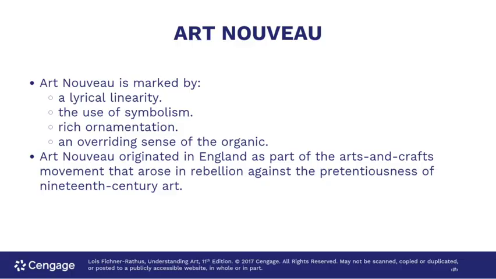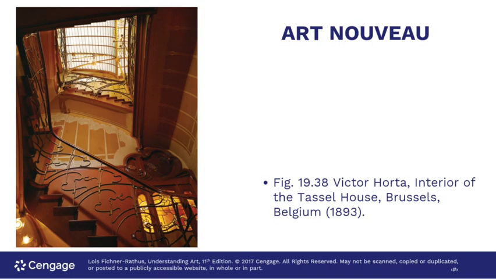So some artists rebelled against that and said, we need to get back to handmade quality, beautiful, well-crafted objects. Of course, that comes with an increase of cost, but that is what the Art Nouveau style comes out of. And so this is an example of an interior of the Tassel House.